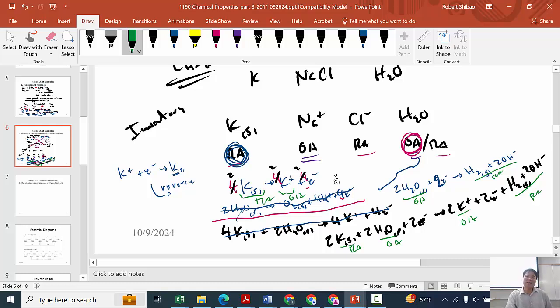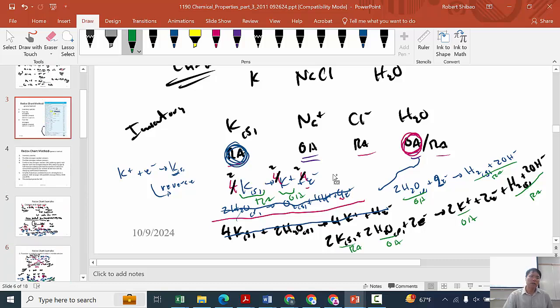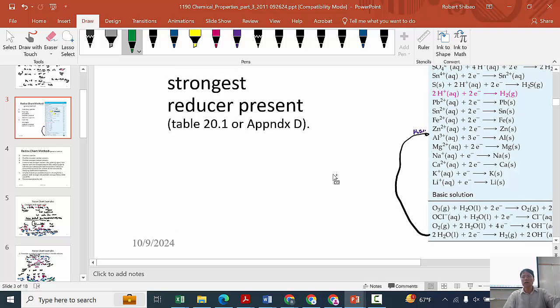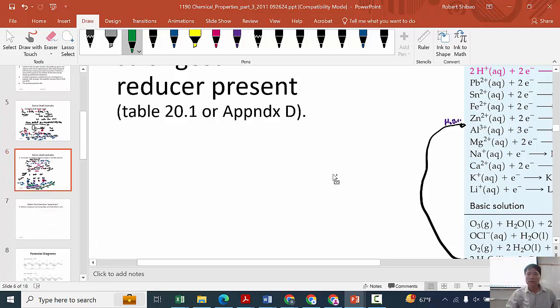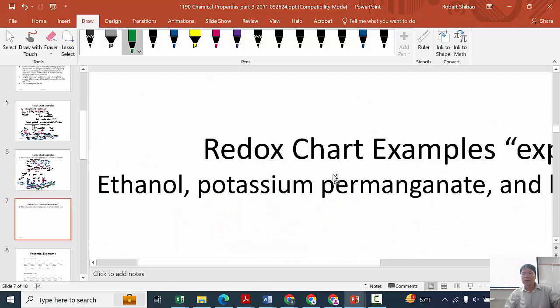And I like to just compare the oxidizing agents. What's a stronger oxidizing agent, potassium ion or water? We go back to the chart here, and we compare the two. Potassium ion's here, water is up here. So water is a stronger oxidizing agent than potassium ion. And so we'll go back here and just write that.